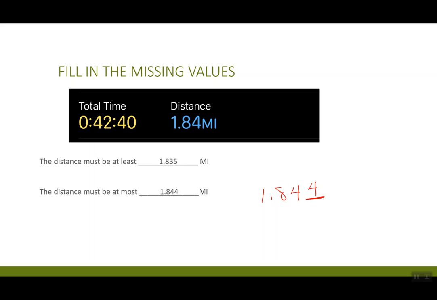You see it a lot, but now I have 4 significant digits for each one, and however far I walked, kind of slowly, 42 minutes to go 1.84 miles, I was walking slow that day. It means I was somewhere between 1.835 miles and 1.844 miles, right? So that's what it tells me. All of these would round to the same 1.84 miles that it recorded on my watch.